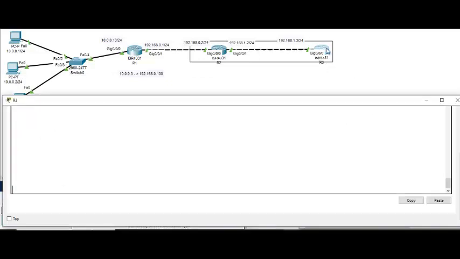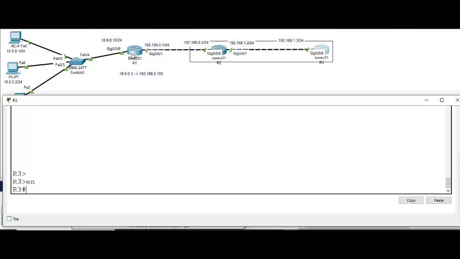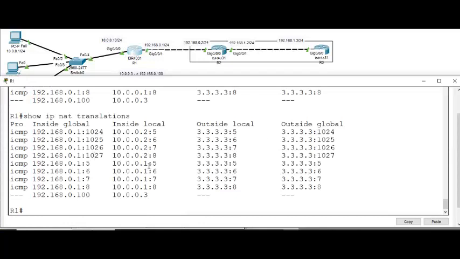If you ping to this address from outside, router 3 is pinging this address, and router 1 will not know whether to give it to this guy or this guy, because this address is shared for everyone.